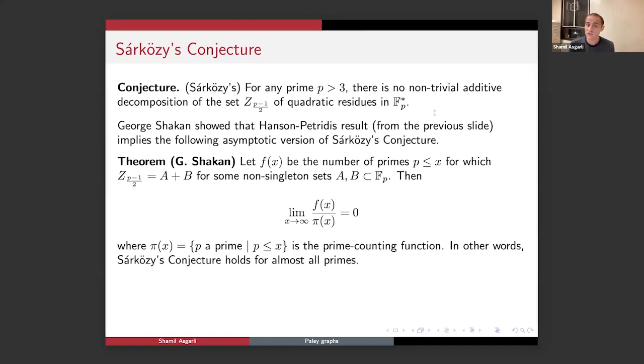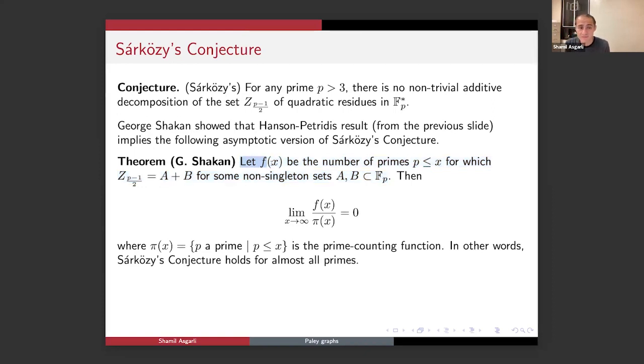What George Shakan showed is that Sárközy's conjecture is in fact true asymptotically in the following sense. If you look at the number of primes for which Sárközy's conjecture fails, so f of x is the number of primes up to x for which you can express the set of quadratic residues as a non-trivial additive decomposition, then there can't be that many primes.